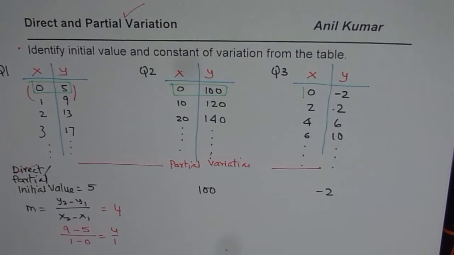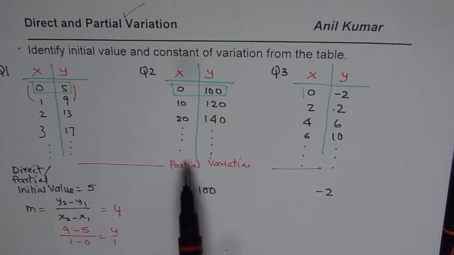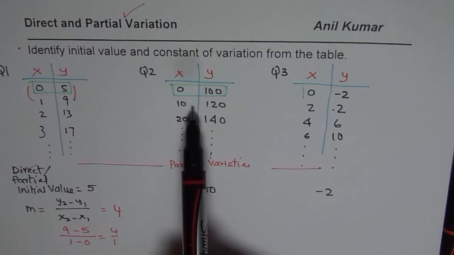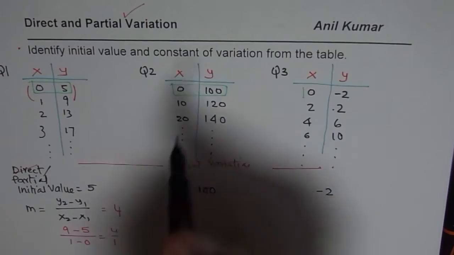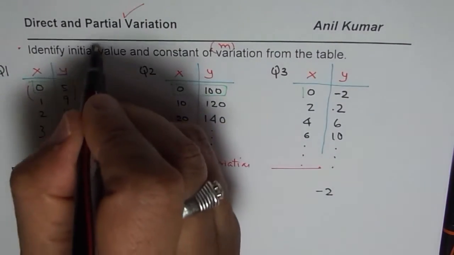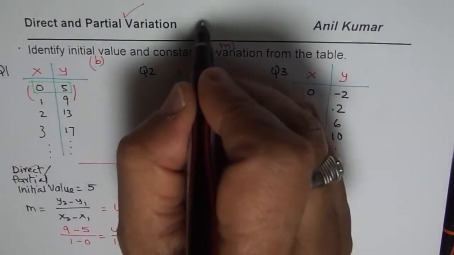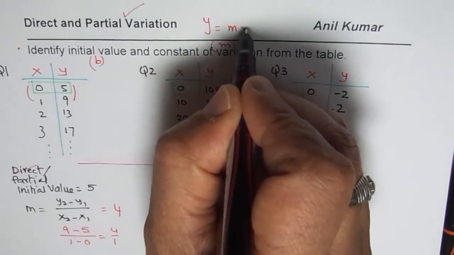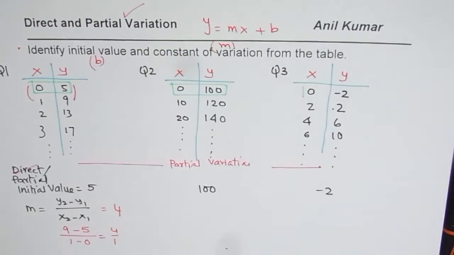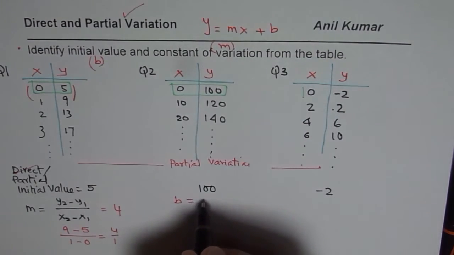Now you can pause the video and answer the question for these two. We know the initial value is 100. What is the constant of variation? We are calling this constant of variation m, right? Normally initial value is written by letter b, right? And we are talking about an equation which will be y equals mx plus b, correct? So we know here b, the initial value, is 100.